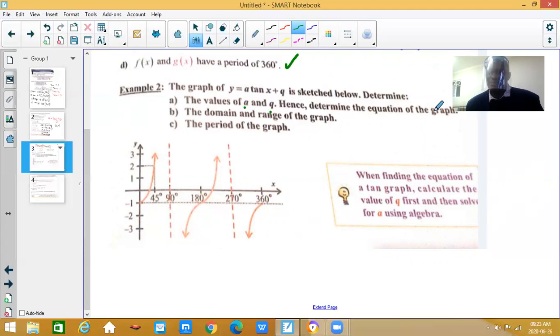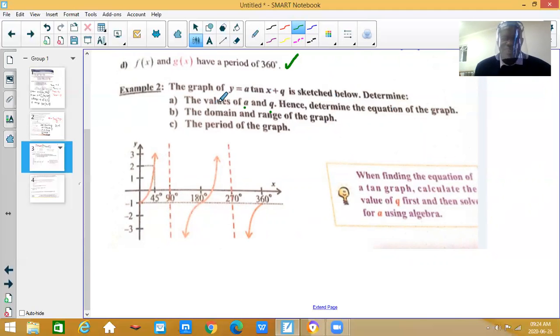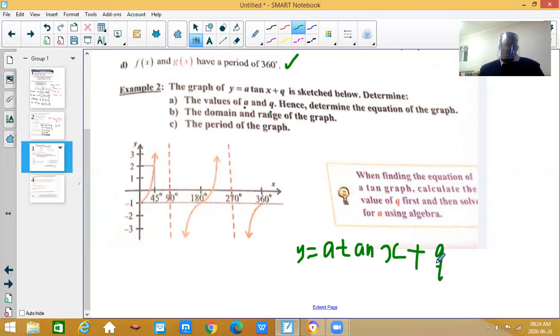Now let us look at this. We want to find the values of a and q, and hence determine the equation of the graph. So always, like in this case, we are given the graph, which is y is equal to a tan x plus q, right?